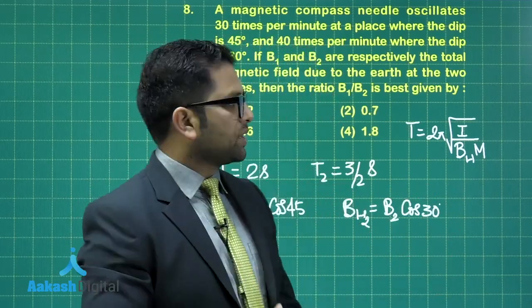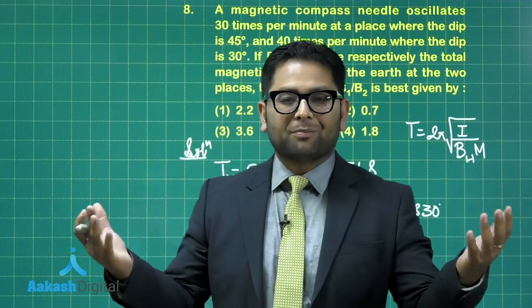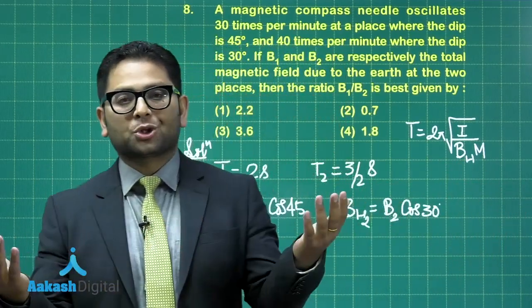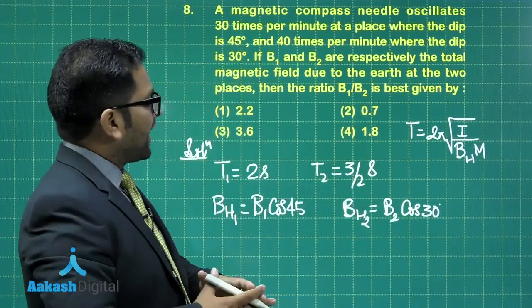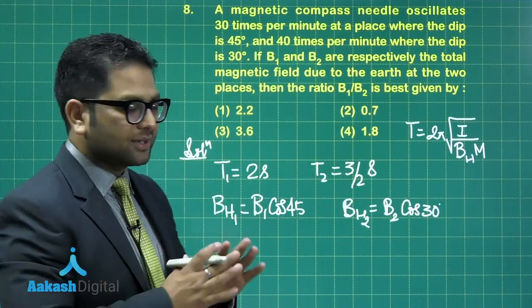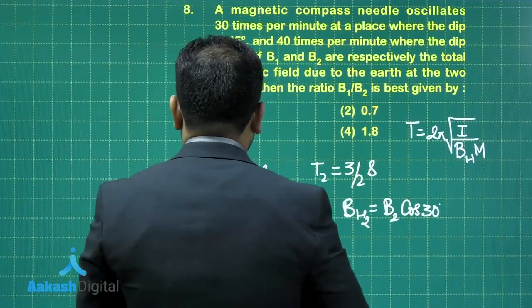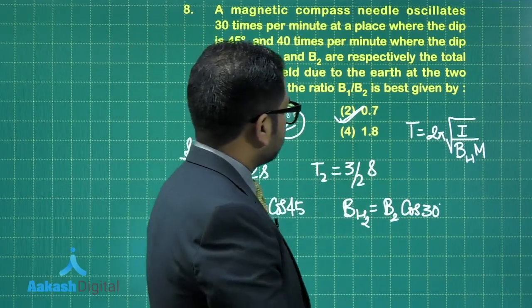Now, in both the situations, I and M would be same. After all, that's a property of the needle, so that has nothing to do with Earth's field. So you just divide the time periods, you would certainly get the ratio. So that goes on a straightforward pattern, and option number 2 would be the correct option for this question.